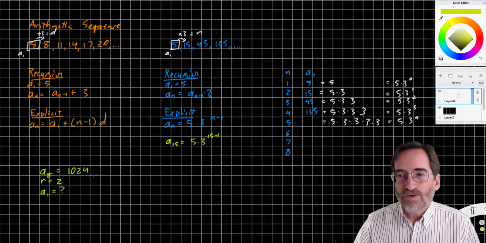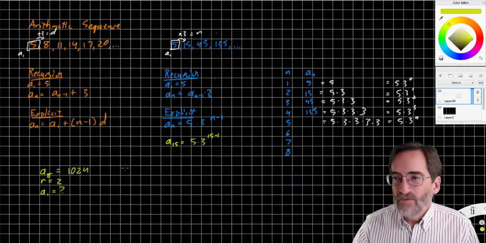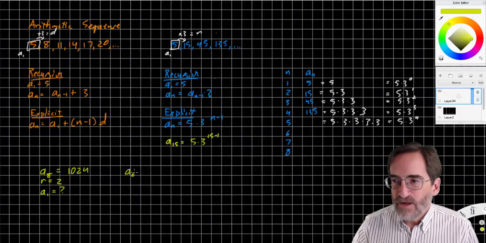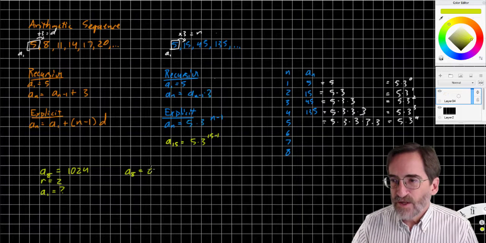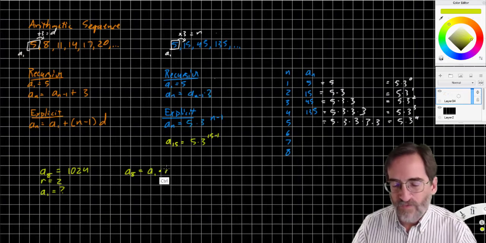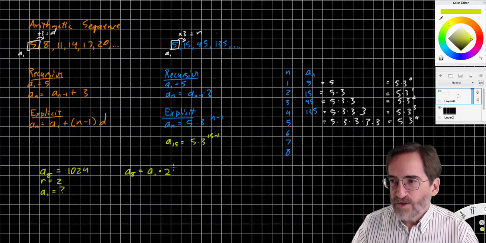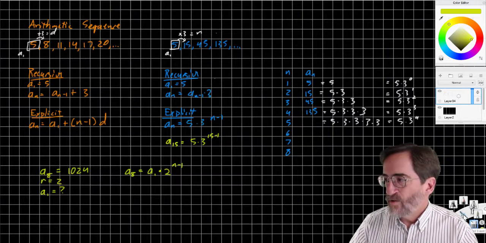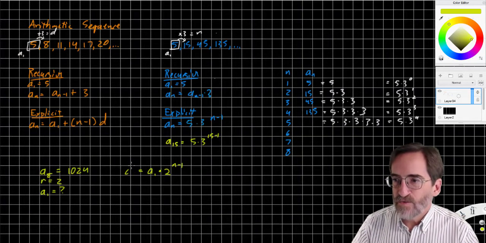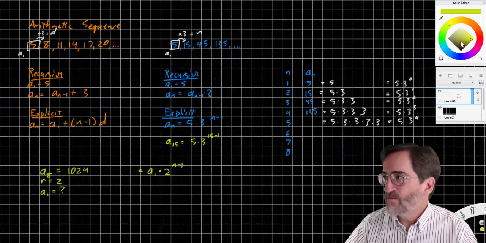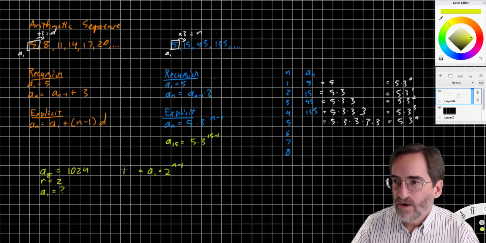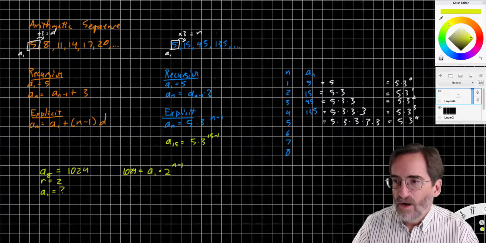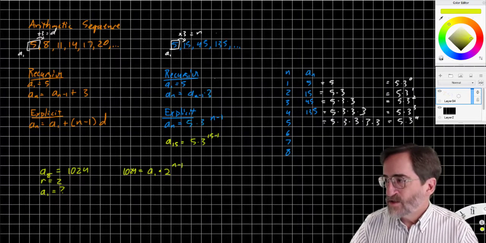There are two approaches to this. You can do this: a sub 8 equals a sub 1 times the common ratio 2 to the power of n minus 1. And then we can fill in what we know. We know the common ratio is 2. We know the 8th term is 1024. Okay, n is 8.